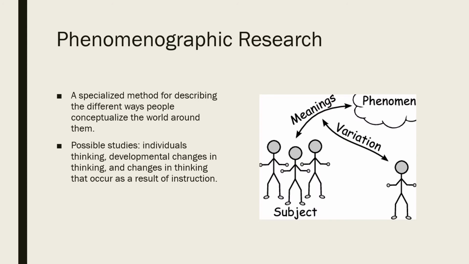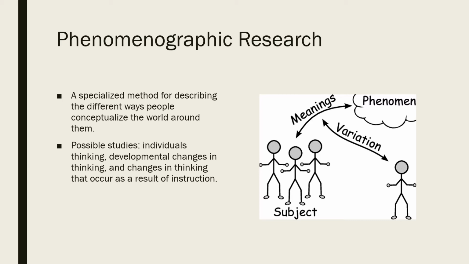So the next one, different than phenomenology, is phenomenographic research. Phenomenographic research is a specialized method for describing the different ways people conceptualize the world around them. How I understand this, maybe I'm right, maybe I'm wrong, is that phenomenology is studying one phenomenon and one perspective of that, whereas phenomenographic research is studying a phenomenon, but looking into different ways people are perceiving it and different variations of that phenomenon.